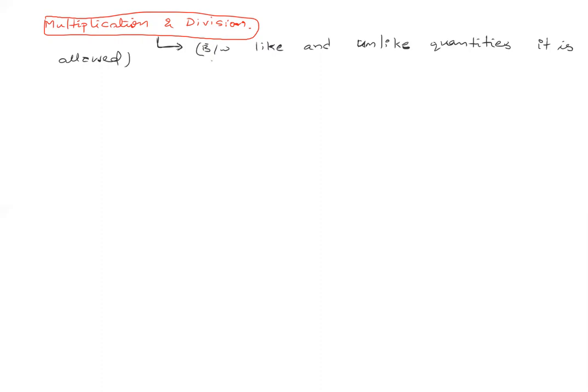Now if you consider an example, speed is distance by time. If you take the distance unit as meters and the time unit as seconds, meters per second is the unit of speed. So you have divided unlike quantities. Unlike means they do not have the same unit.